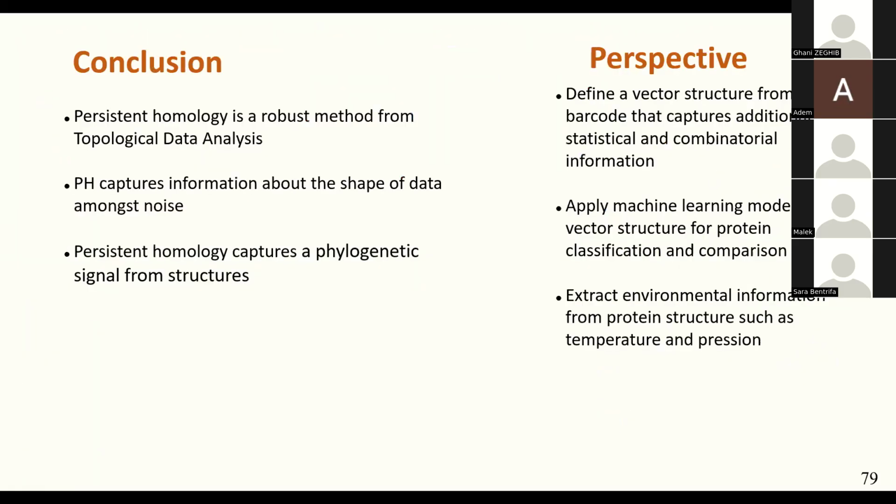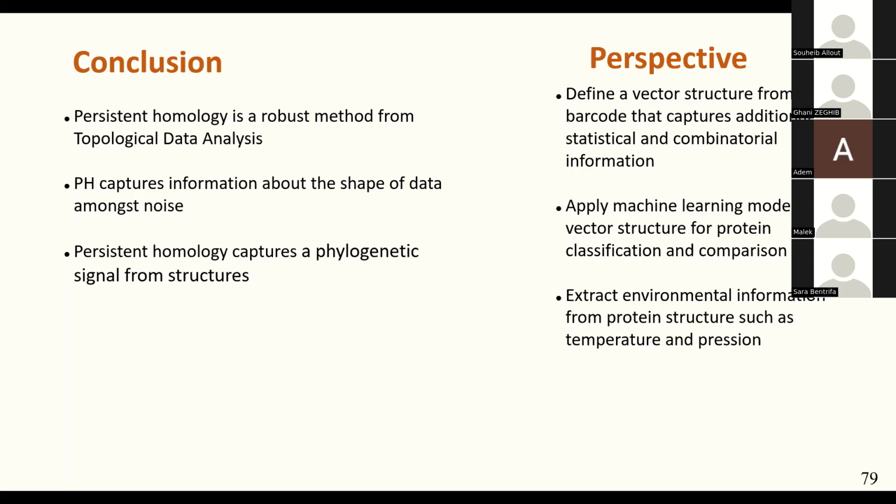So this is part of the work I've done in my thesis. I showed that persistent homology could be applied to biological data, especially in proteins, and can be a good alternative to sequences to study the evolution of proteins.